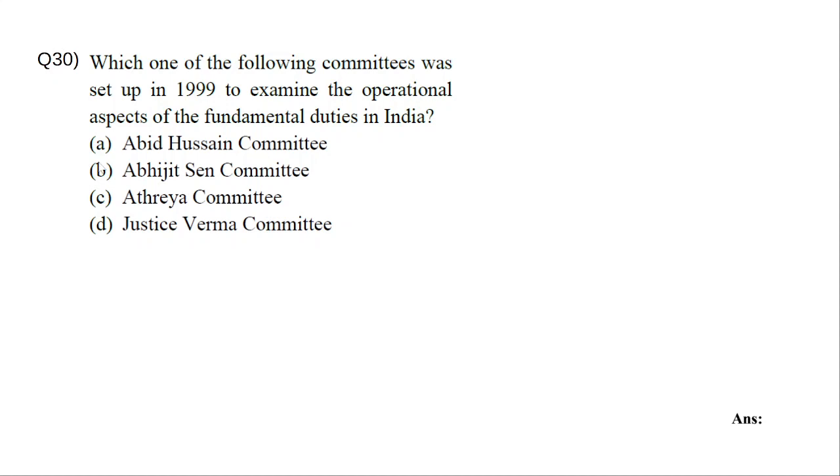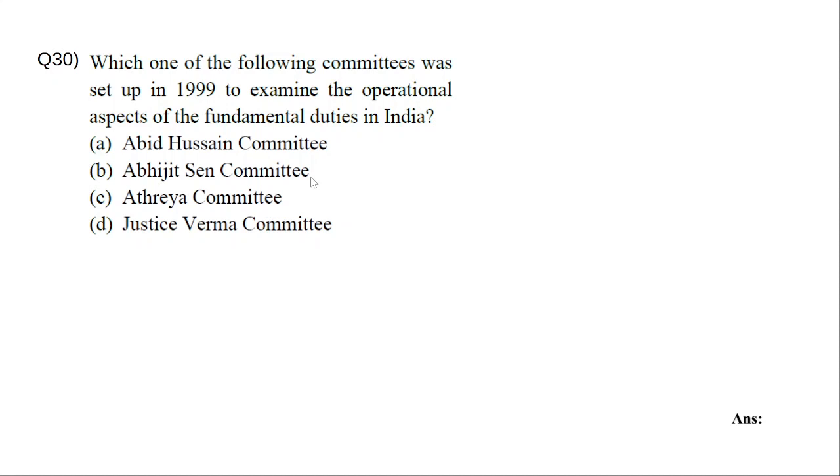If you look at these other committees, the Abid Hussain Committee, first thing you have to remember, is small sector, small scale industries, etc. They are not very recent committees. Then the Abhijit Sen Committee, first thing you have to remember, is agriculture. It is something related to agriculture costs, the cost index, price index, all those things.